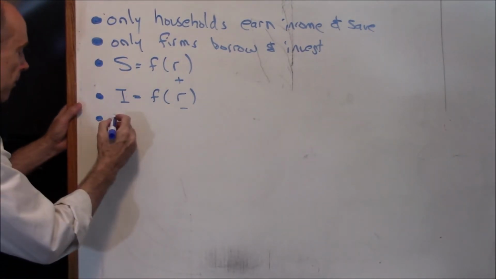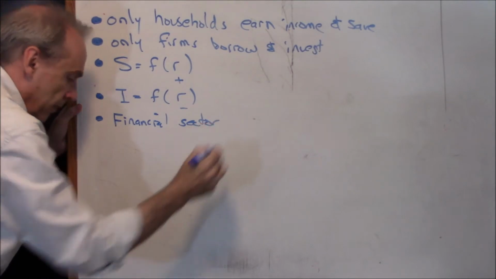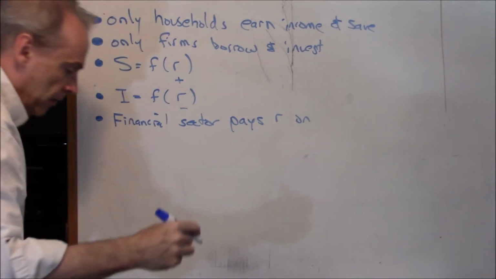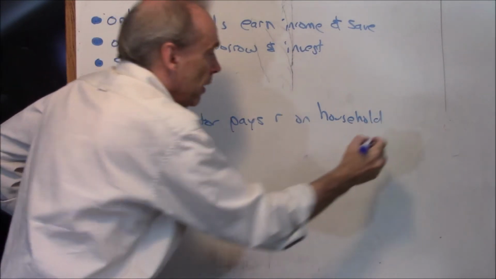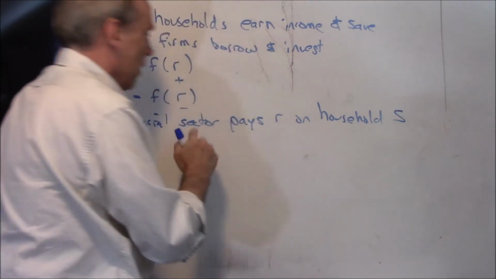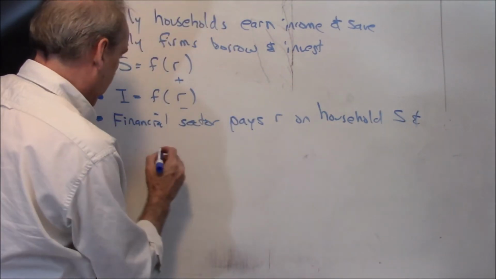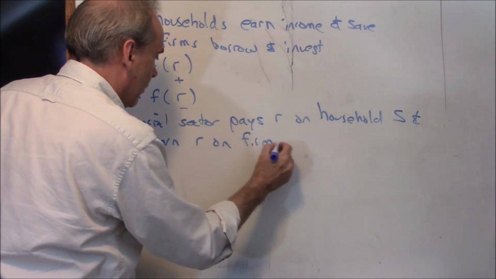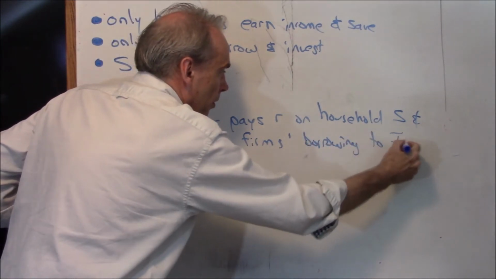The financial sector pays R on household S. So they pay interest on household saving, and earn R on firms borrowing to invest.